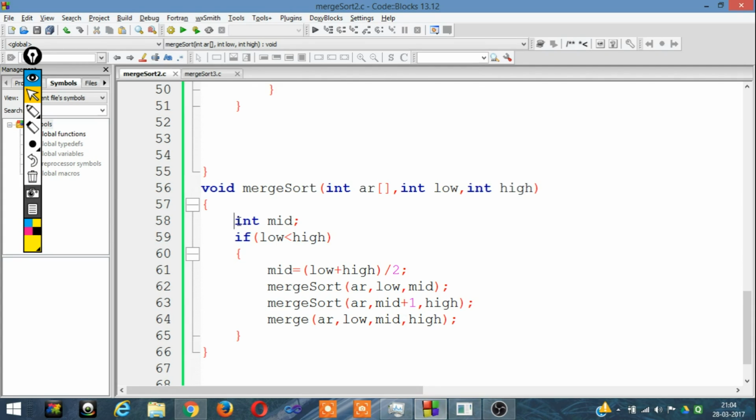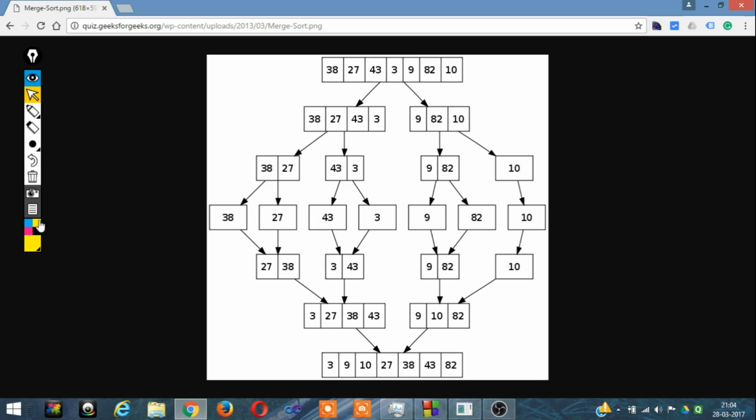Okay, now int mid. So if low is less than high, tell me, when is low going to be equal to high? What have I said? I have said the index of the first element is low, the index of the last element is high.